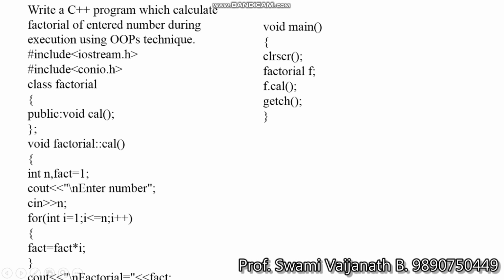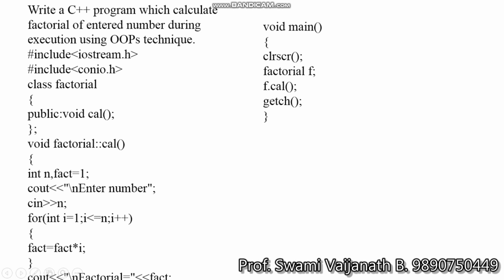In the program void cal is a member function, and here is class factorial, the class named factorial, and here void cal is declared in the class body but defined outside the class body. So this member function calculates the factorial of an integer number.